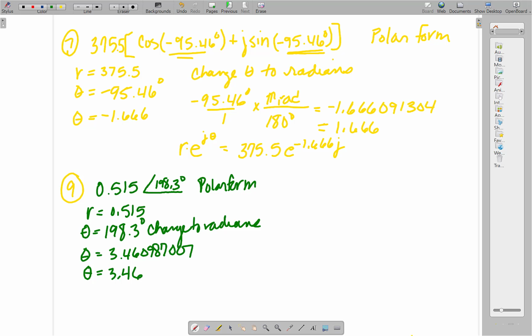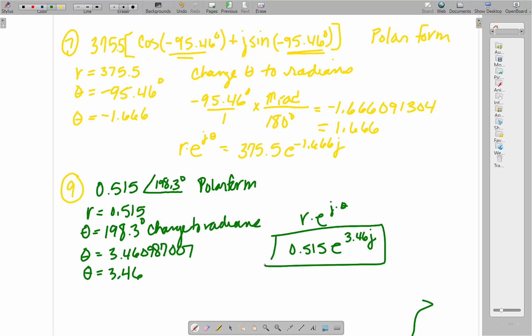And so when we write this in exponential form, we have r times e to the j times theta. So we have 0.515 e to the 3.46j, and that is our exponential form.